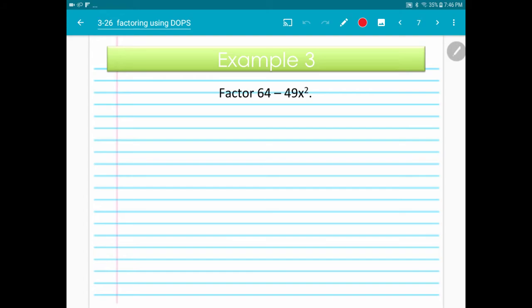Okay? All right, so at this point you've tried these. You would see that all of these examples are DOPS examples, right? But don't be fooled because not all binomials are DOPS examples, right? Because of that subtraction. Has to have subtraction in between. So 64, a perfect square, is 8 times 8. 49x squared is 7x times 7x. My 2 parentheses.